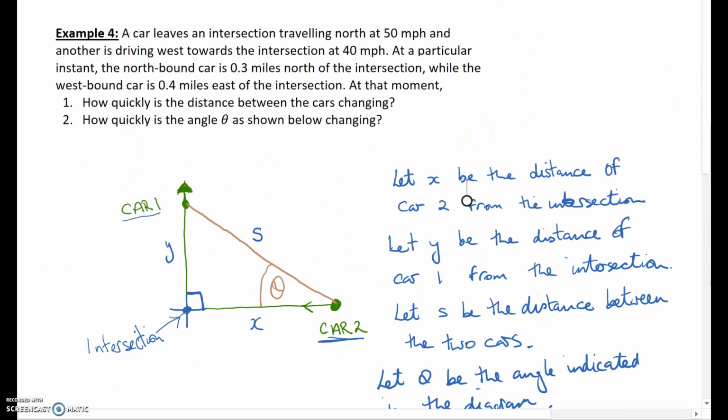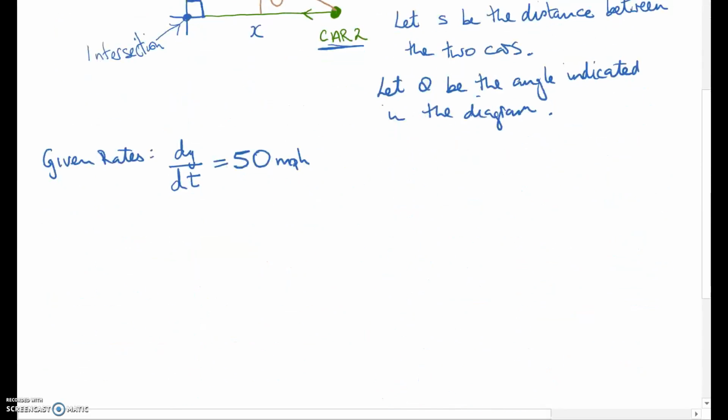The other car is driving west towards the intersection at 40 miles per hour. So if you look at the diagram, if you're traveling towards the intersection, you see this distance x is getting smaller. So dx dt will actually be negative 40 miles per hour. Okay, dx dt is equal to negative 40 miles per hour.